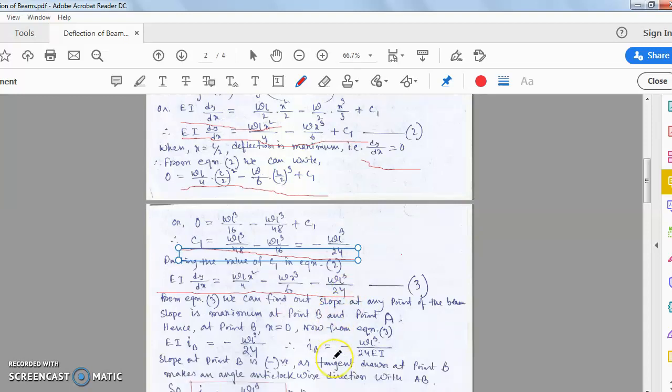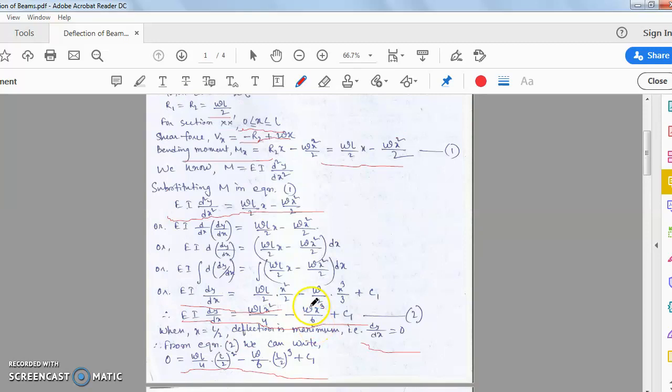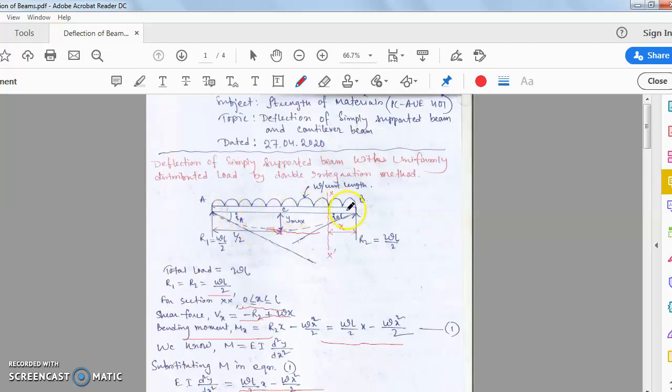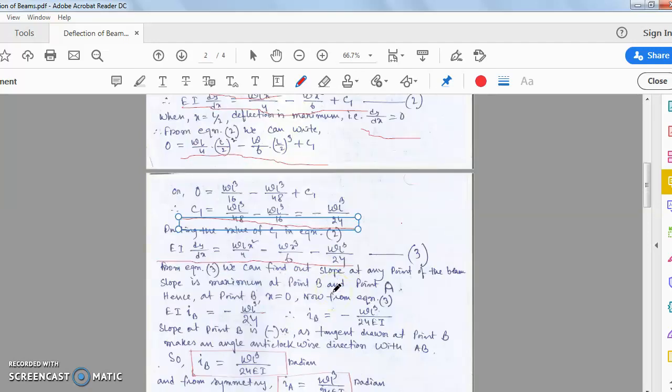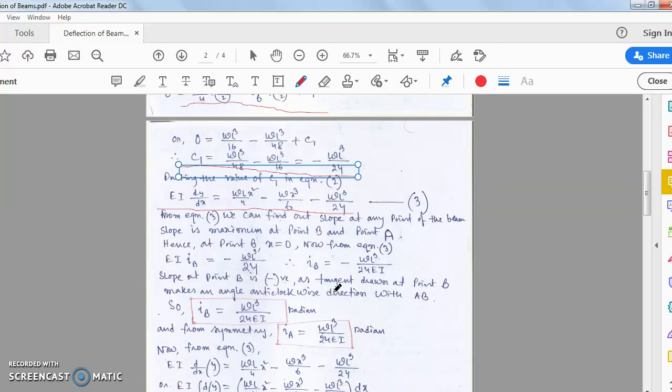So we see that at point A and point B the slope is maximum, because the tangent drawn from this particular point will make the maximum angle with AB. So at point B, means x equal to 0, for finding the slope at point B you will have to put x equal to 0 in equation 3.